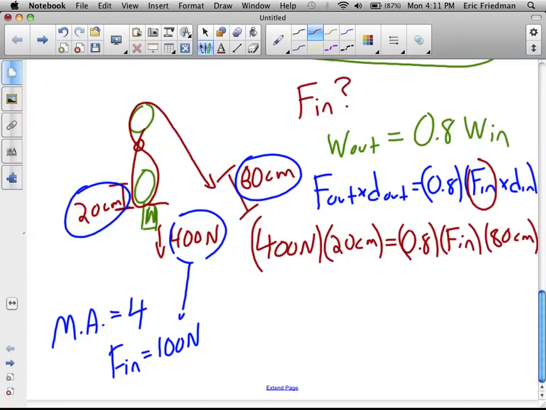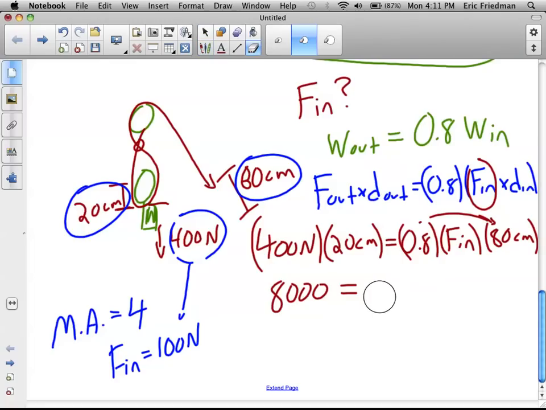Okay, 400 times 20, that's 8,000 equals 0.8 times 80. Let's get this going. So if I get that, 0.8 times 80 is, let's see, 64 times my force in.